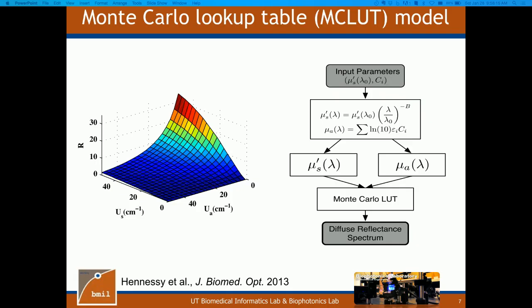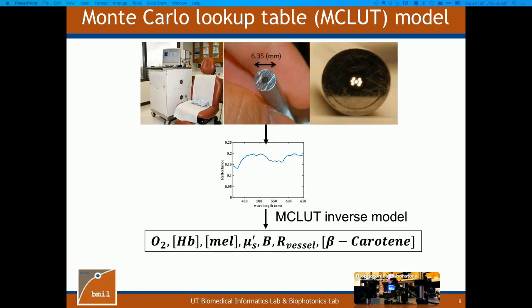Based on the lookup table, we can calculate diffuse reflectance spectra given the scattering and absorption information about the tissue. And our Monte Carlo lookup table inverse model can extract the following parameters: oxygen saturation, hemoglobin concentration, melanin concentration, scattering coefficient, scattering exponent, vessel radius, and beta-carotene concentration.